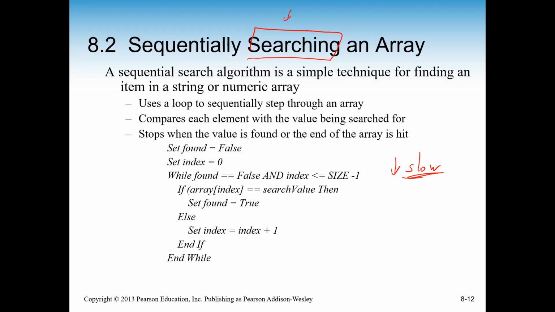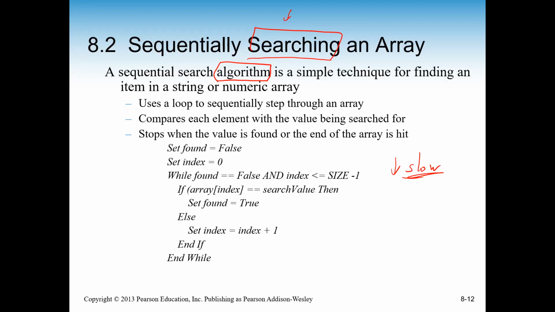All right, so let's take a look at the simplest version of that, which is sequential searching an array. So a sequential search algorithm, you can see that here. These are called algorithms also because they're just a set of steps. It's code, but now with a specific purpose. And like a function, we're going to refer to it as an algorithm.